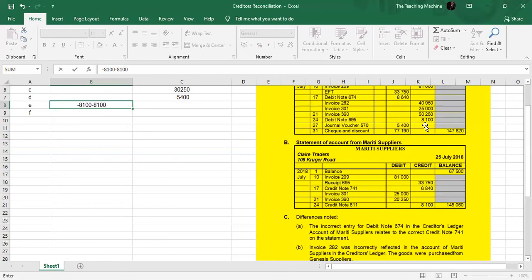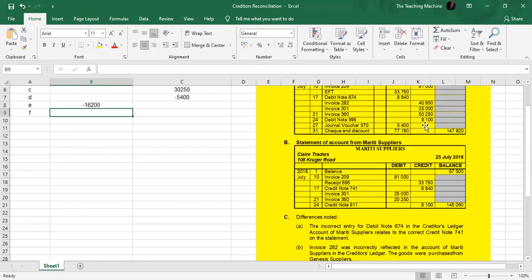So 16,200 should be subtracted by the business. If an entry was recorded on the wrong side, you multiply that amount. 8.1 was supposed to be on the debit side, but it was recorded on the credit side by the business. So we multiply 8.1 by 2. Any question?